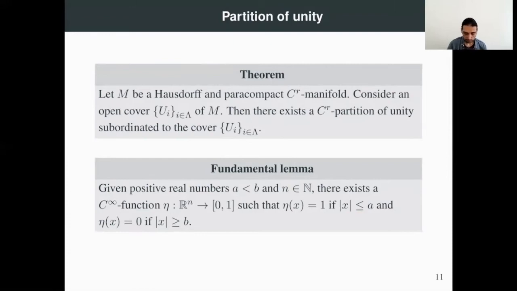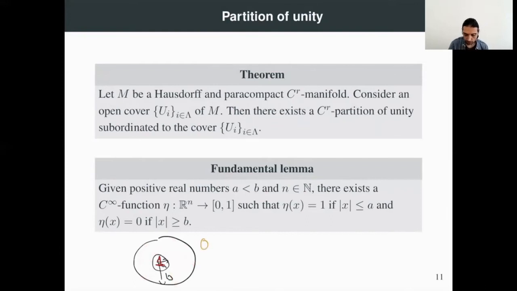Okay, so we're going to be in a situation in which, if this is a and this is b, the function is going to be equal to 1 over here, and it's going to be equal to 0 over here. And of course, here we have a transition from 1 to 0.